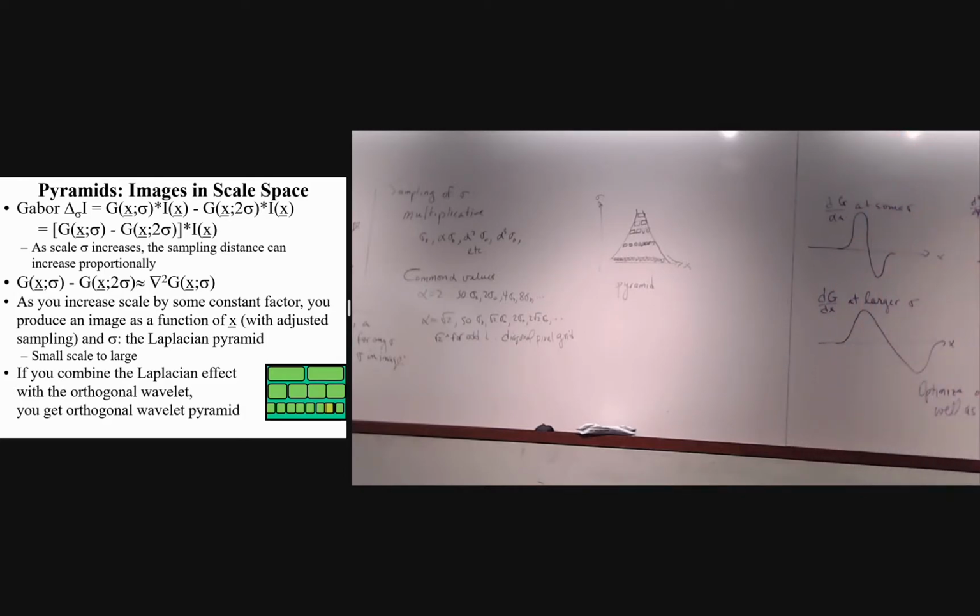They can be applied, for example, with the orthogonal wavelet primitive. It builds in that pyramid with explicit binary sampling. But also quite a popular one is the so-called Laplacian Pyramid, and we're going to talk about that in a minute.